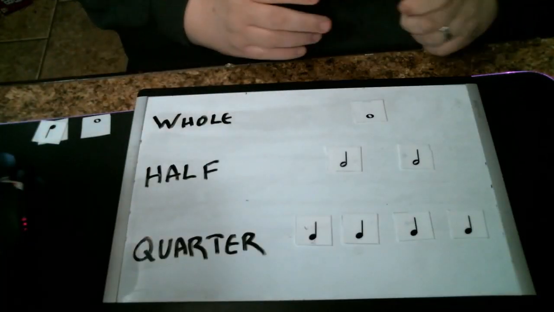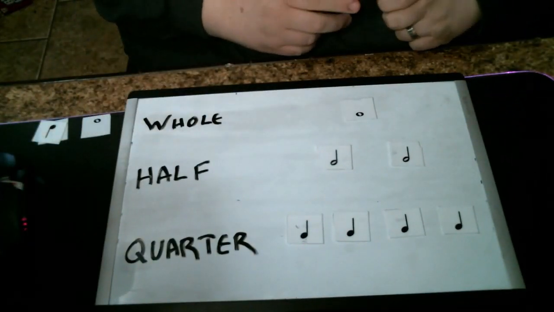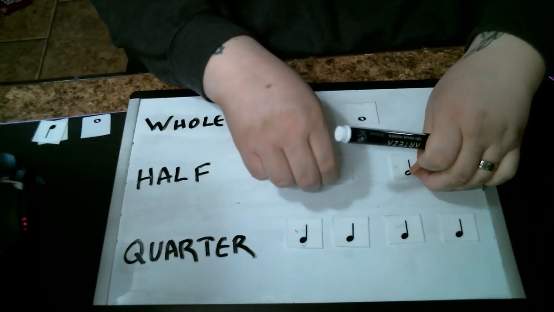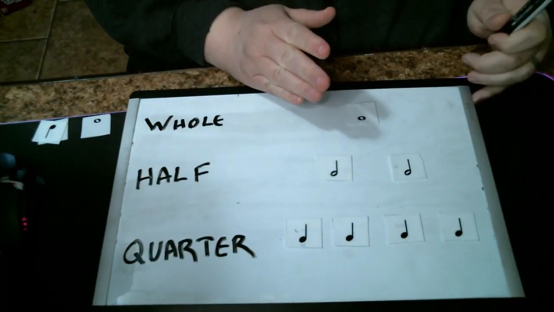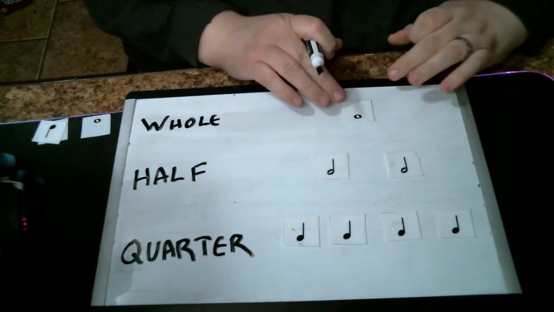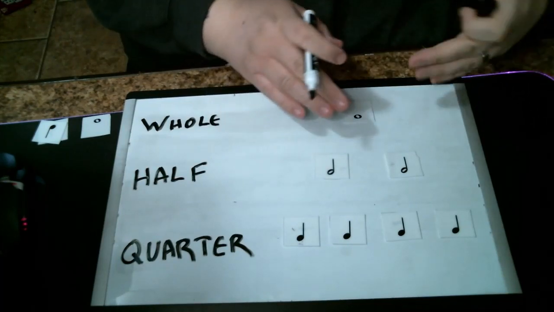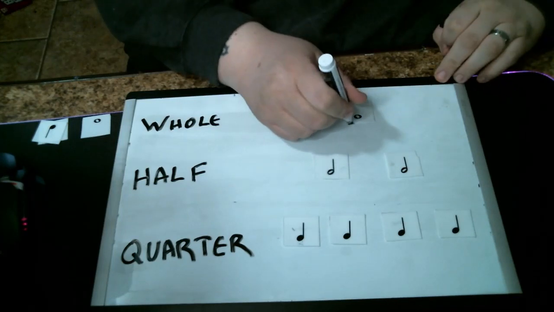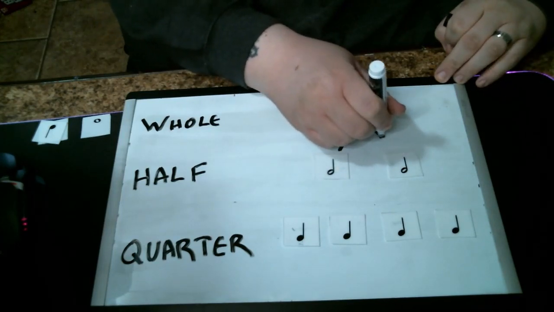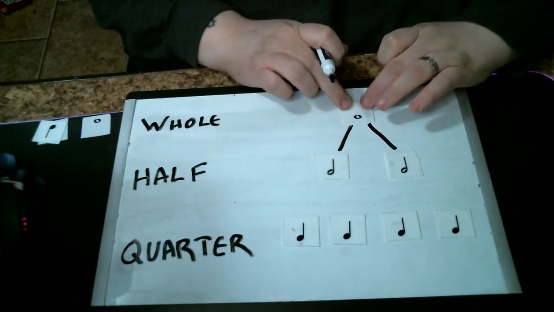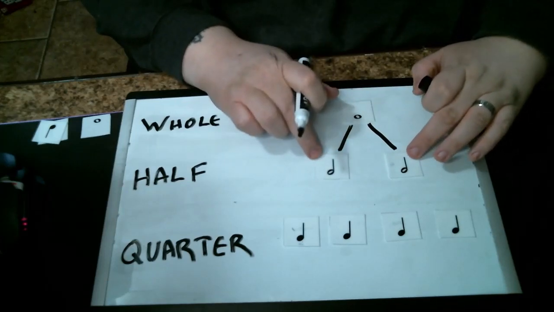So you may have seen something broken down like this before. This is our note tree. And what it does is it shows us how these notes break into each other. So our whole note is at the top because it's a whole. Our half note, well, there are 2 halves, right? So a whole note can be broken into 2 half notes.